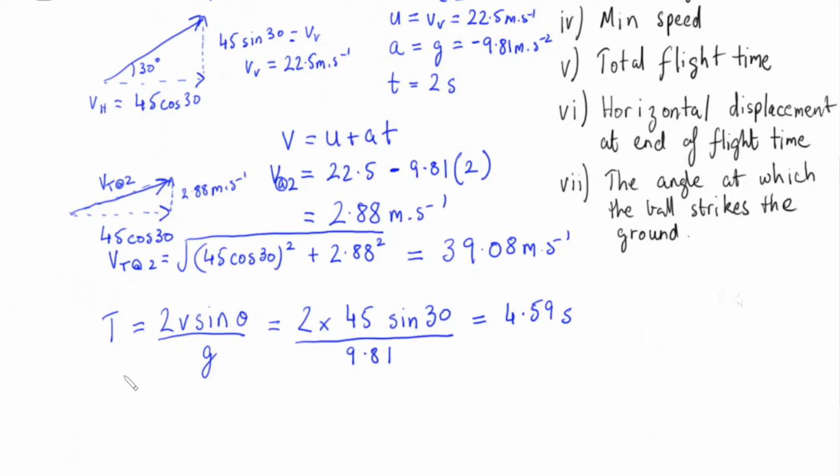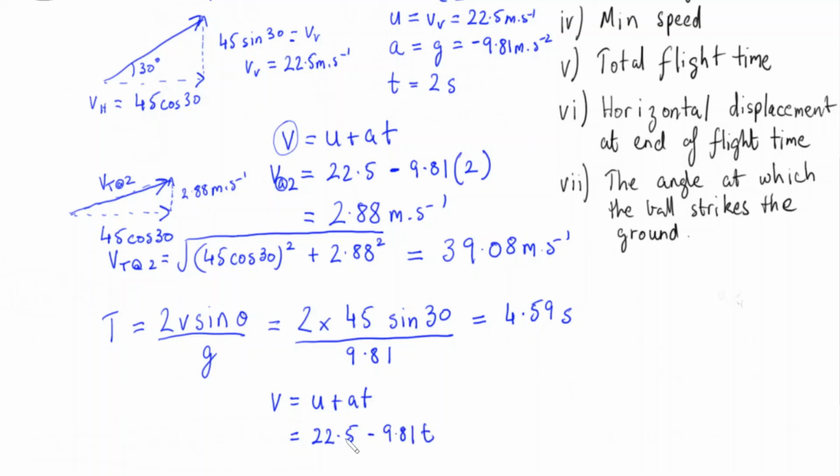And if you wanted to just confirm this and do a bit of a sanity check, you could go ahead and actually plug it into the v equals u plus at equation, where we know the final vertical velocity is going to equal 0. So I can go ahead and do that as well. So I'll say v is equal to u plus at, where u is 22.5, and I know our acceleration is negative 9.81.